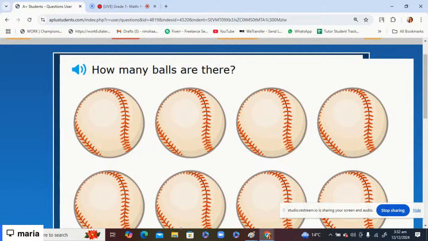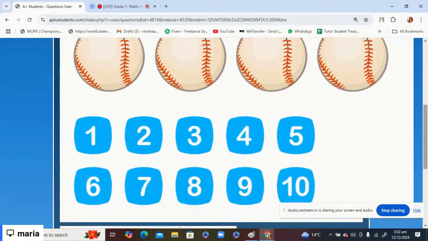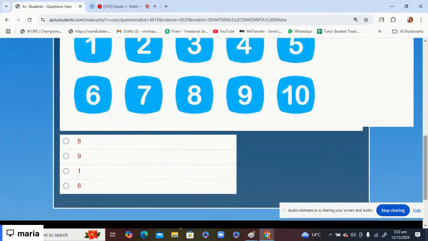The options are given, which is 8, 9, 1, or 6. So how many of it?